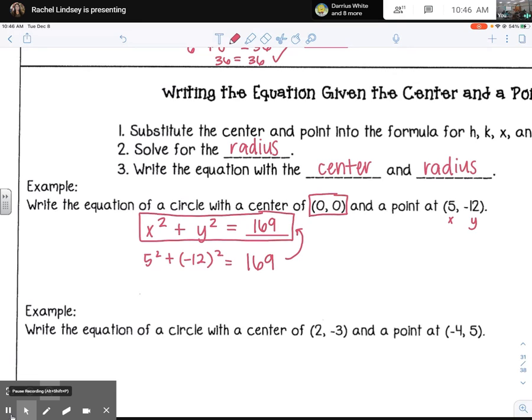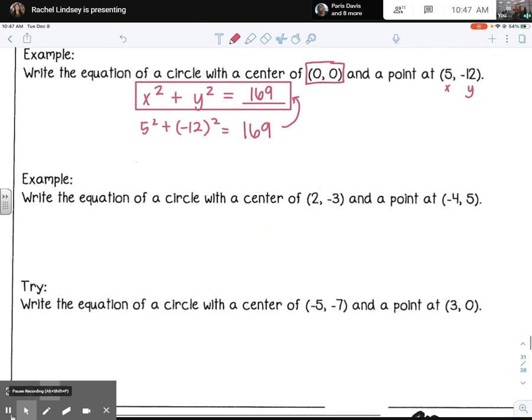So I just plug back in that 169, there's my equation. So basically, plug in your center into the equation, then plug in the point and see what that gives you.